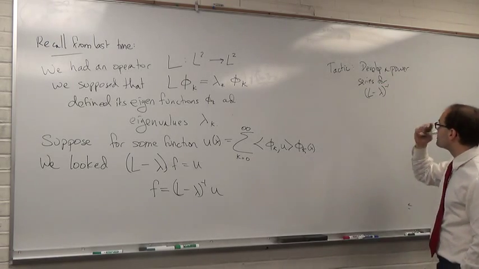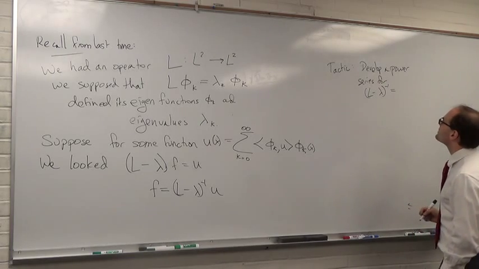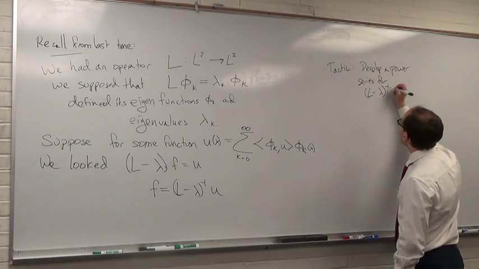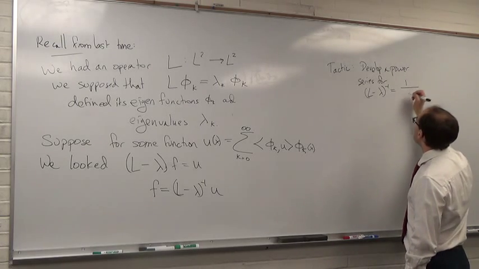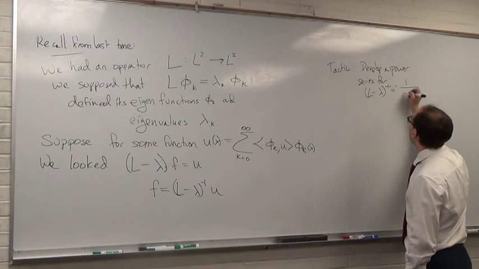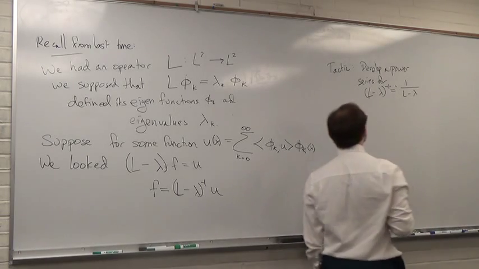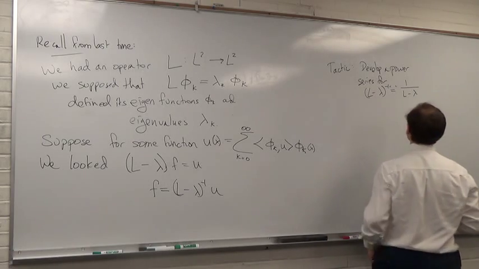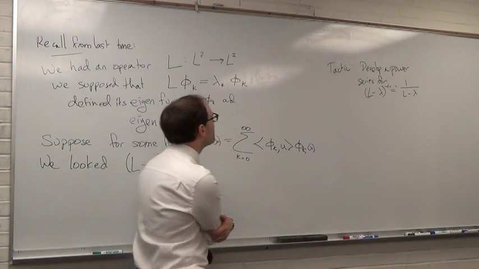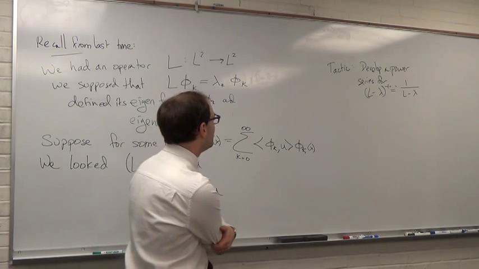What that power series does for me is I'm able to write this thing out as something that looks, notionally, like 1 over L minus lambda. And what I would imagine doing here is trying to come up with a power series in powers of L.